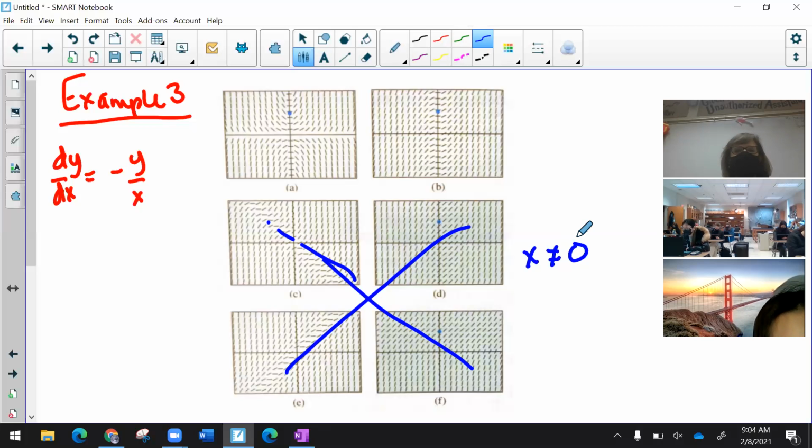Okay. All right, so everybody see that? That's for C, D, E, and F. There are little slope lines along the y-axis. Okay.